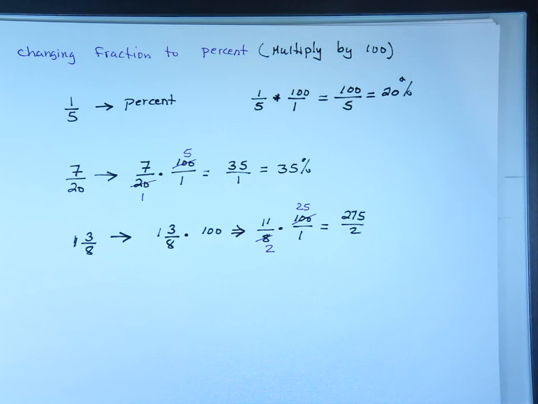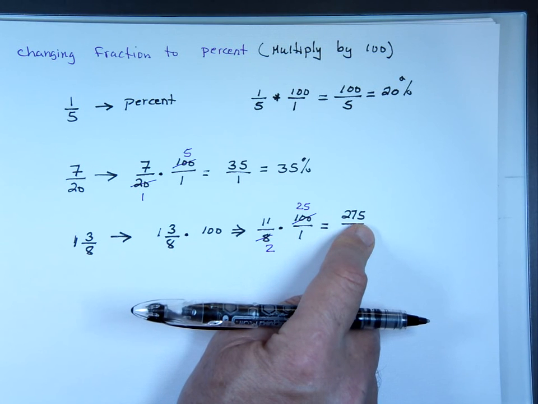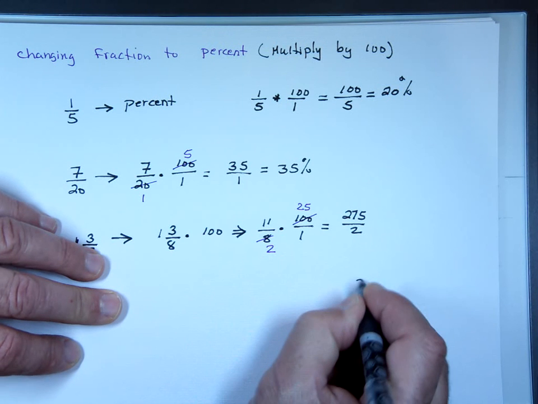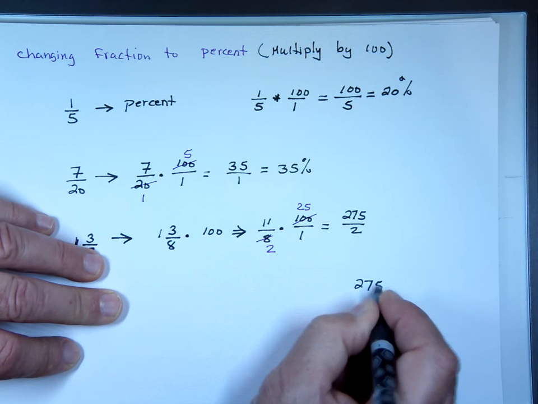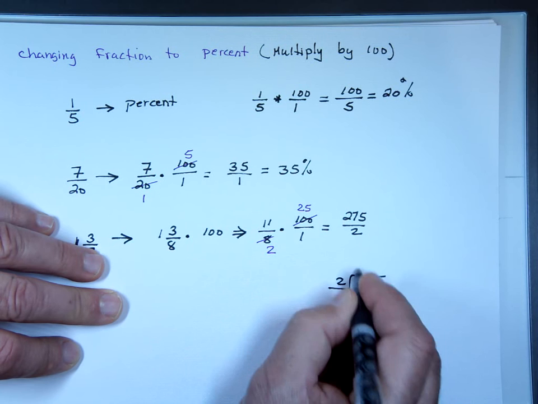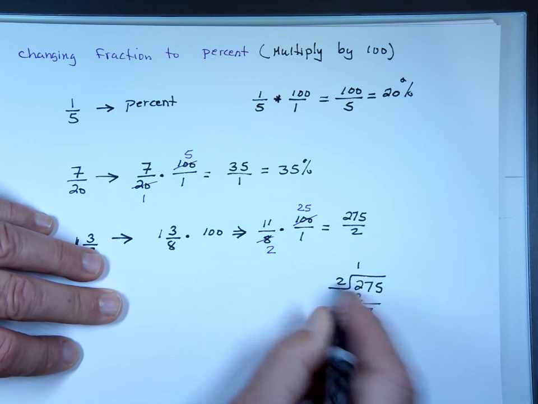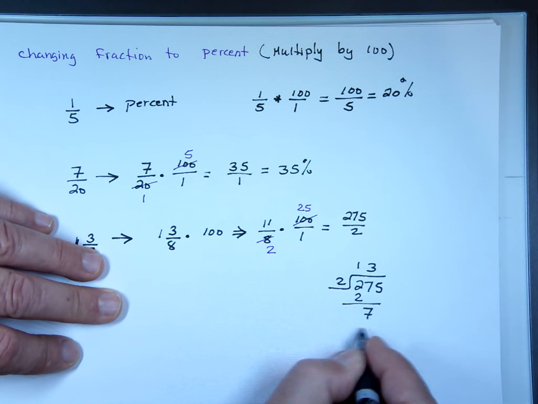Well, I don't want to leave it like a fraction. I'm going to divide it. So what is 275 divided by 2? That's 1. 1 times 2 is 2. Bring that 7. 7 by 2, 3. 3 times 2 is 6. Remainder is 1.